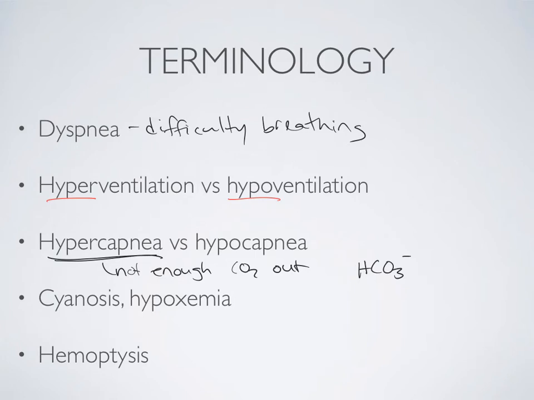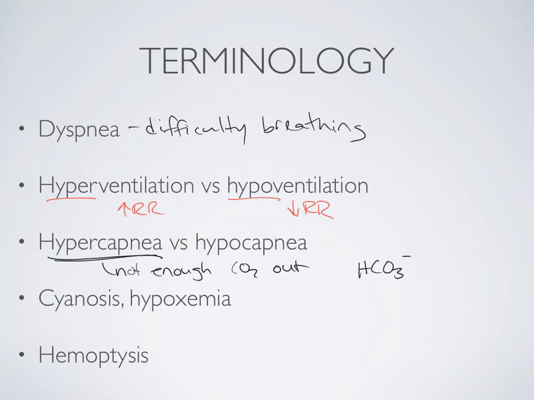Hyper and hypoventilation means that you are increasing respiratory rate or decreasing your respiratory rate beyond what is needed for normal gas exchange. So by definition, if you hyperventilate, you're getting rid of more CO2 than you need to, and so you become hypocapnic, and you're losing acid. You become alkalotic. It's called respiratory alkalosis.